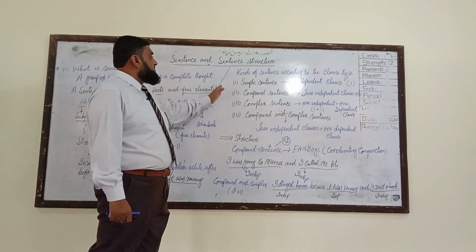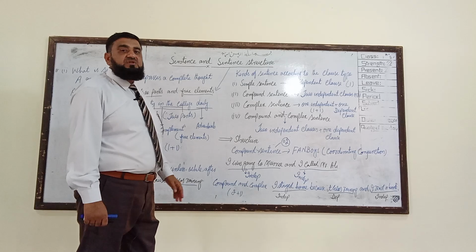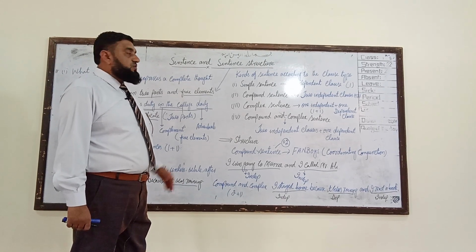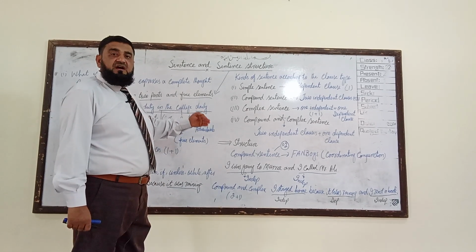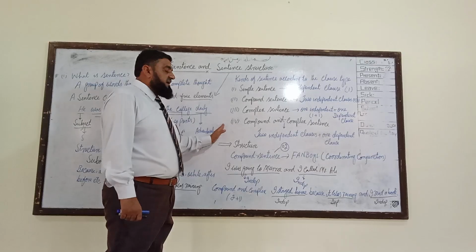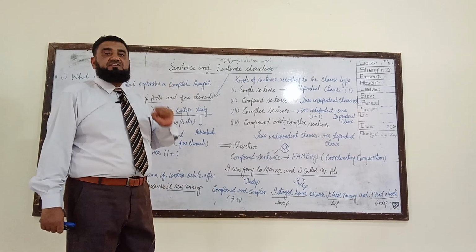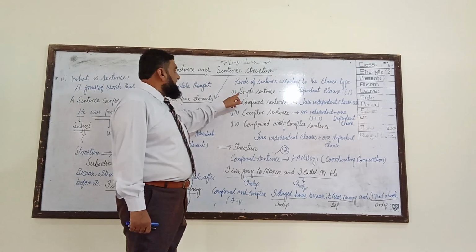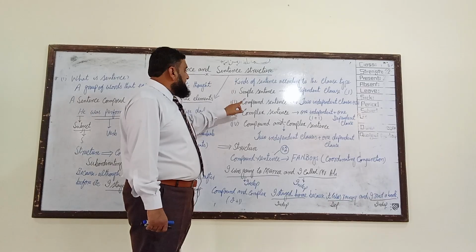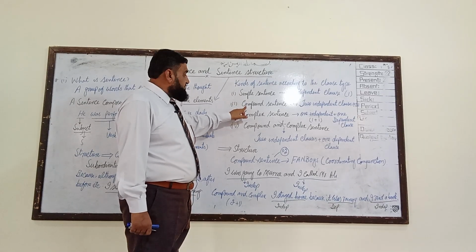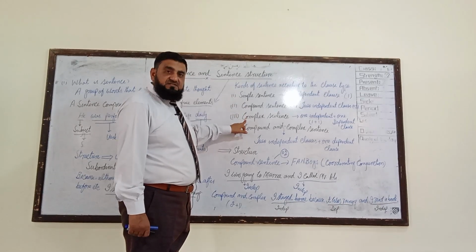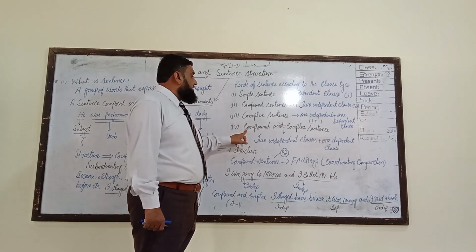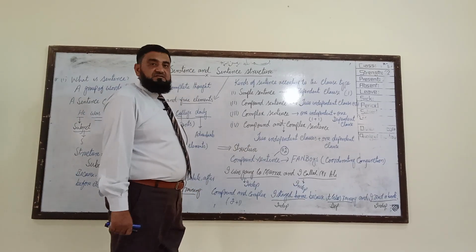Now I am going towards kinds of sentence according to the clause type. According to the clause structure, what are the kinds of sentence? There are 4 kinds of sentence. One is called simple sentence, another compound sentence, third complex sentence, and fourth compound and complex sentence.